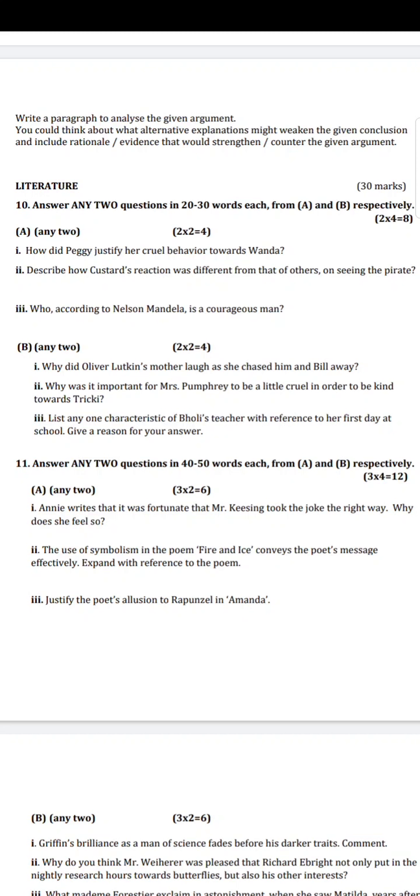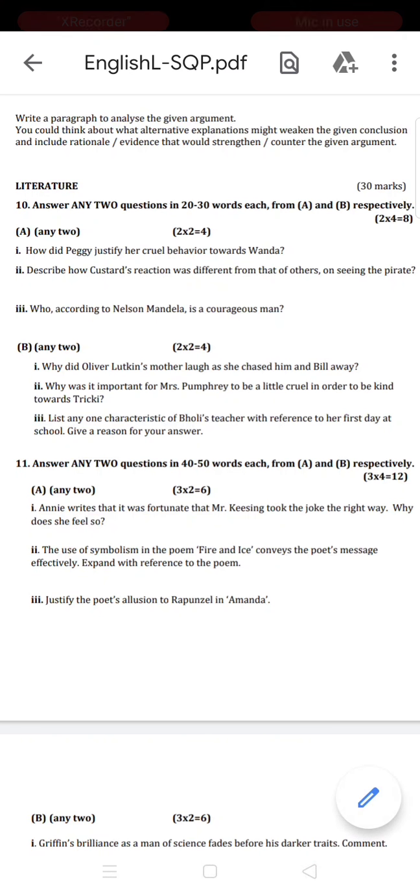This is what you have to improve yourself in, that is writing skill. The same question can be asked in 20 to 30 words or 40 to 50 words, but you have to learn how well you can answer the same question according to the word limit.